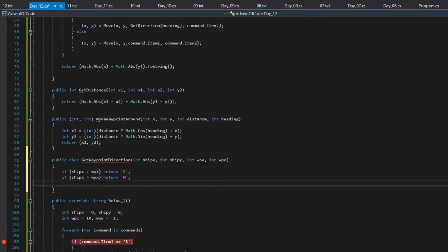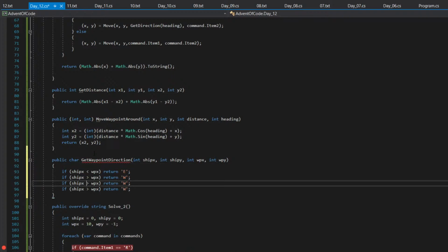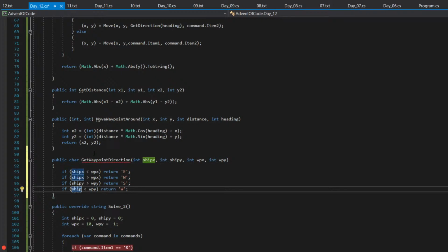This would be west. If the ship is north of the waypoint, then we need to move south. If the ship is below, we need to move north.